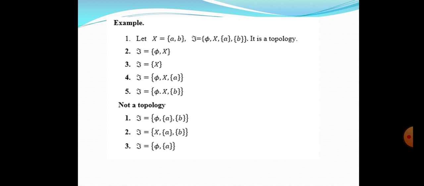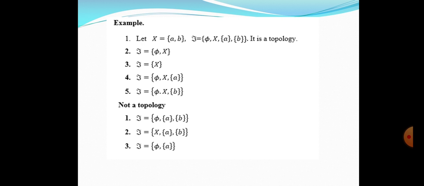Therefore, the second property is satisfied. Next, you take intersection of any two elements. Singleton set A intersection singleton set B is equal to what? Empty. So this empty is also there in the topology tau. So third property is also satisfied.